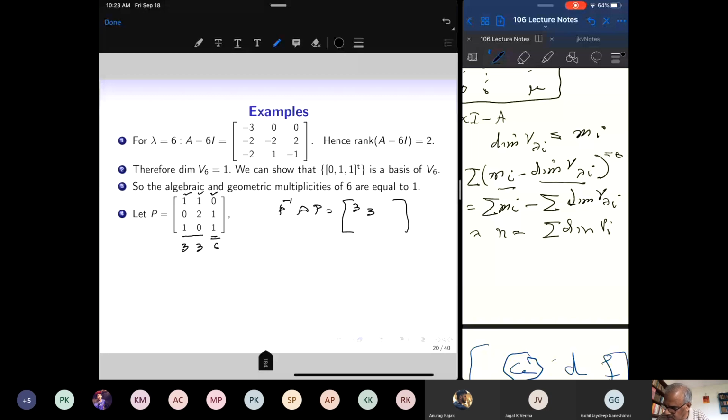The last eigenvector corresponds to eigenvalue 6, and therefore this is the diagonalization. So I have diagonalized the matrix. The 3, 3, 6 diagonal matrix is similar to the given matrix A, and you can see that the characteristic polynomial here is (lambda minus 3) squared times (lambda minus 6).